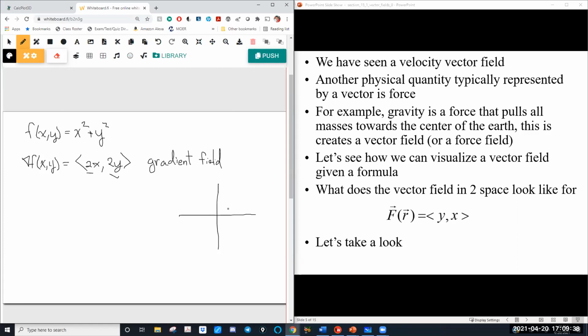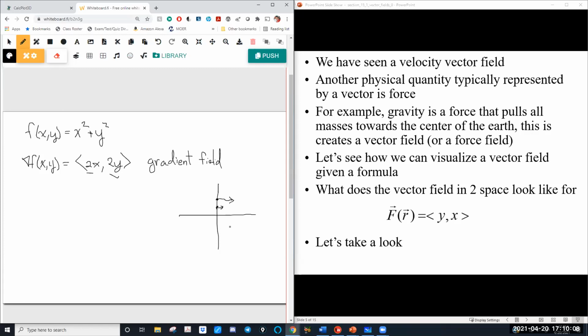So maybe I go to the point 0, 1. Well, as a vector, the point 0, 1, so x is 0, y is 1, would be the vector 1, 0. So that would be a vector with a magnitude of 1 pointing out this way. Okay. Similarly, if it was 2, 0, it would point out twice as long.